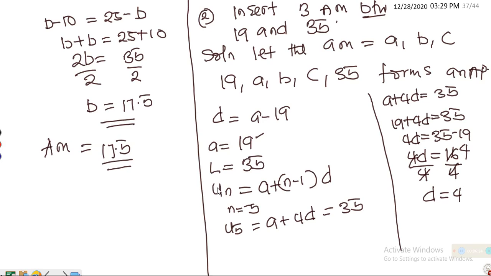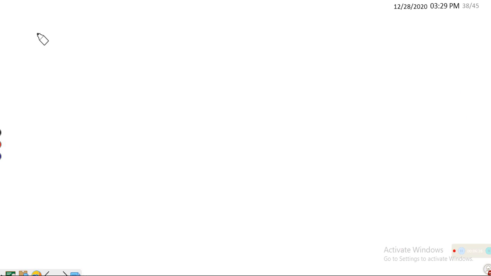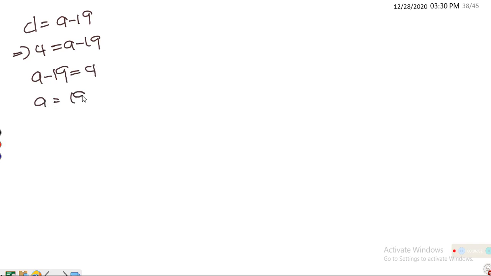Having gotten D to be equal to 4, we can find A from the formula given. You know D equals A minus 19, so 4 equals A minus 19. So A minus 19 equals 4, A equals 19 plus 4, and A equals 23.